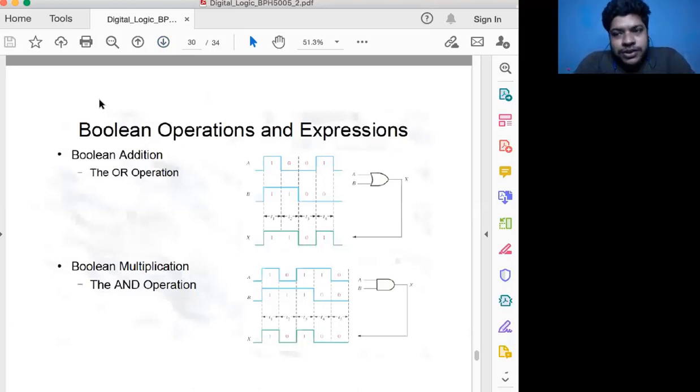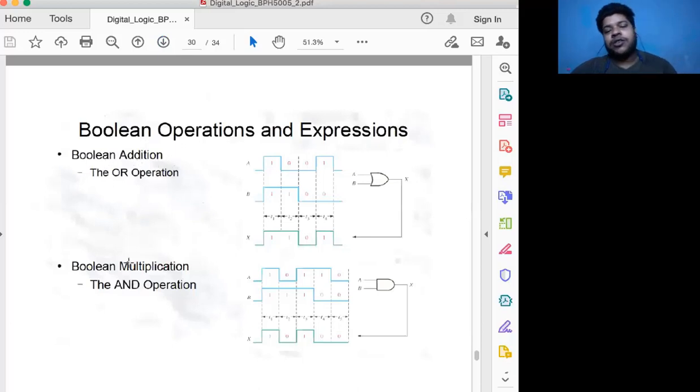So जिससे ये पूरा डिजिटल लॉजिक गवर्न होता है, उसके कुछ लॉज को हम लोग समझते हैं और कुछ उसके प्रोसेस को समझने की कोशिश करते हैं। So it is this Boolean operations and expression. So this is a Boolean addition.